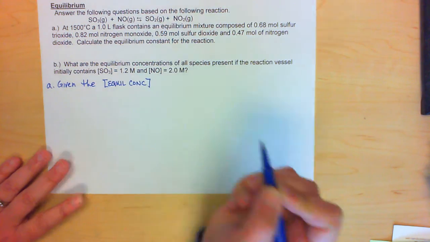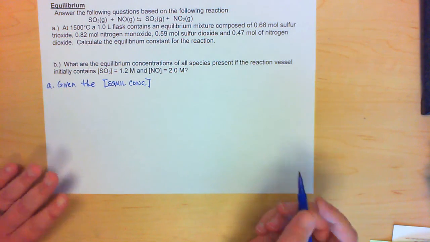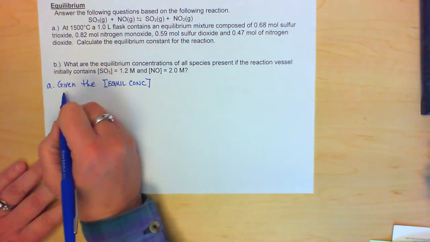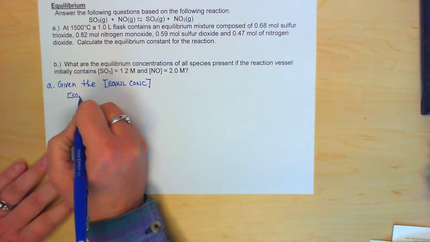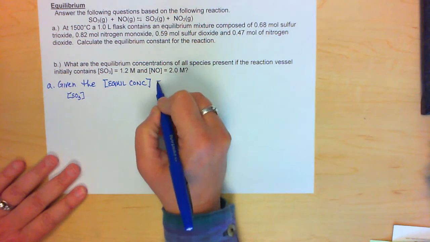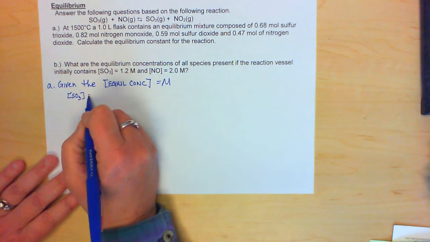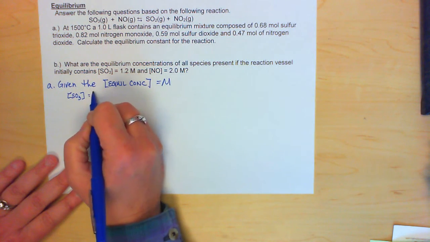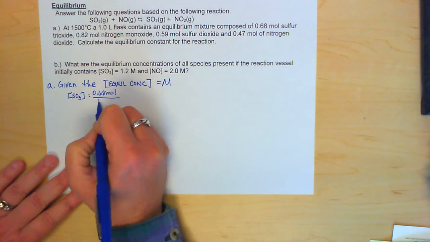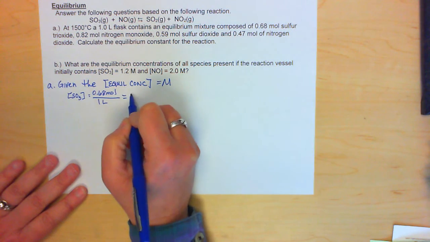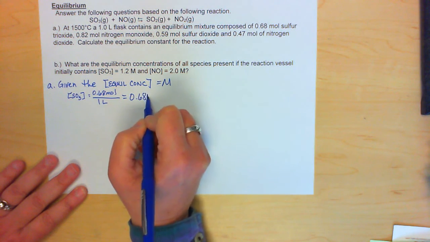So all we have to do is look at them. SO3 is the first one that's given. Remember, concentrations have to be in molarity. So we need to take our moles, which is 0.68 moles, divided by the volume, which happens to be 1 liter. So this comes out to be 0.68 molar.